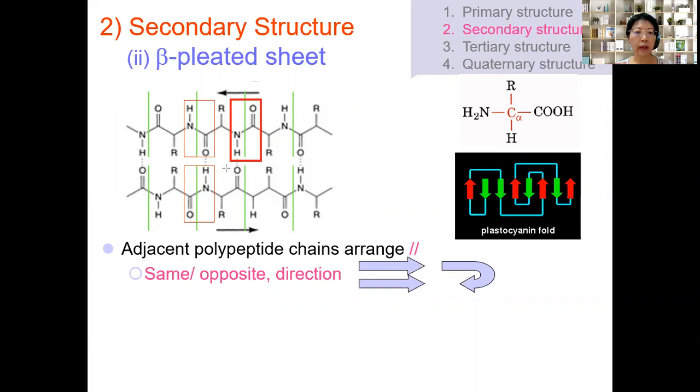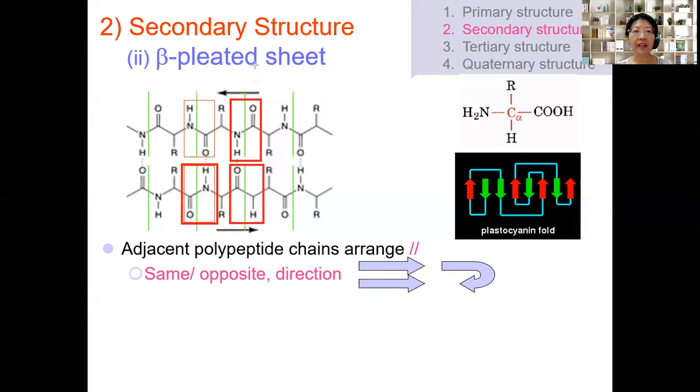Can you see that this is a peptide bond here, in red color, so NCC. Now this is also a peptide bond. The N is missing here.